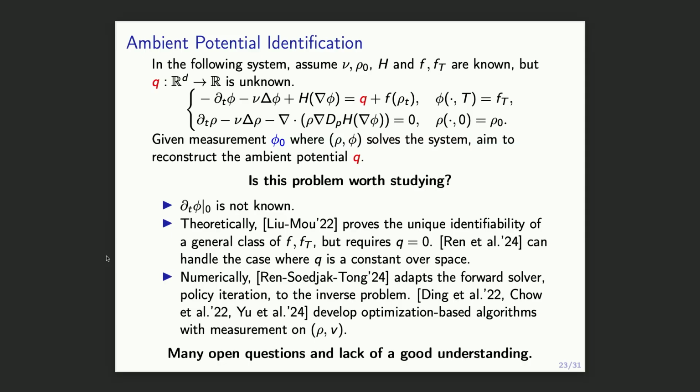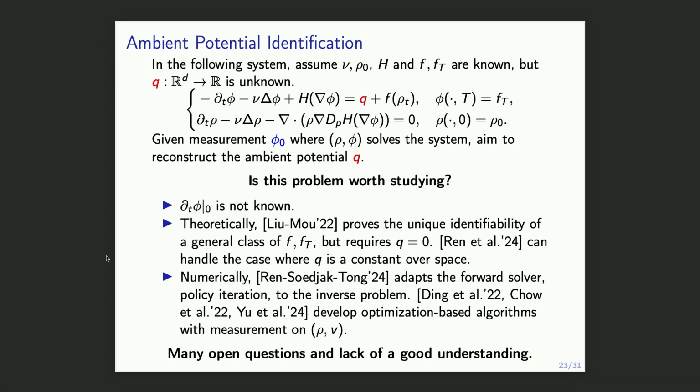And also theoretically, there are some works that prove for a general class of the interaction cost and terminal cost, they can prove the unique identifiability of the cost. But all of the works actually require this ambient potential to be 0.